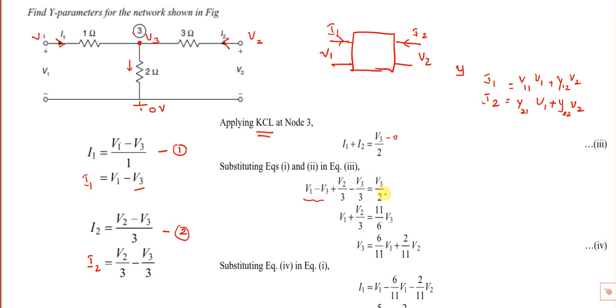This V3, bring it to the right side. This V3 also bring it to the right side. So we got V3 by 2 plus V3 by 3 plus V3. If you simplify this and take V3 common, it is 1 by 2 plus 1 by 3 plus 1, and you can solve using a calculator.